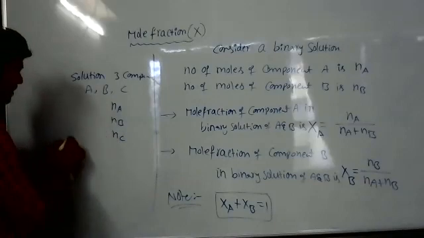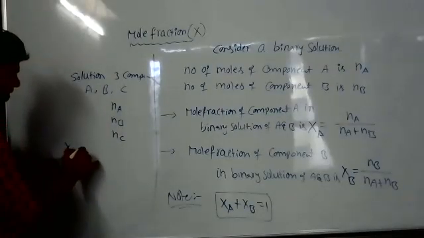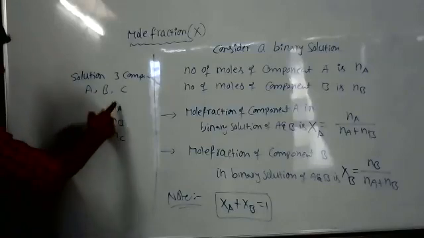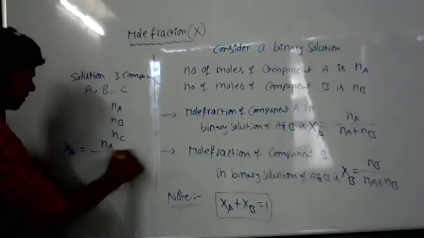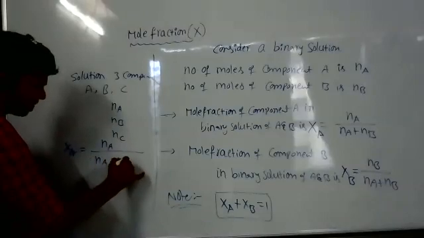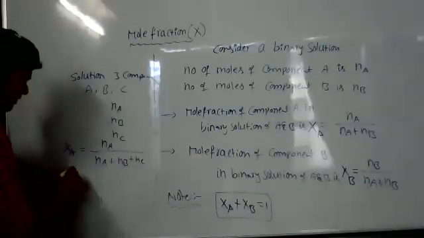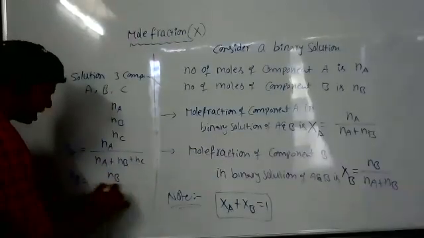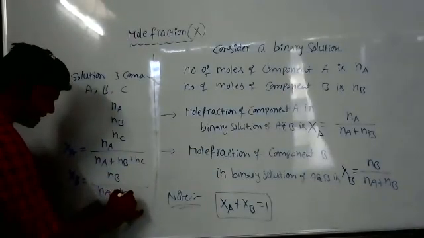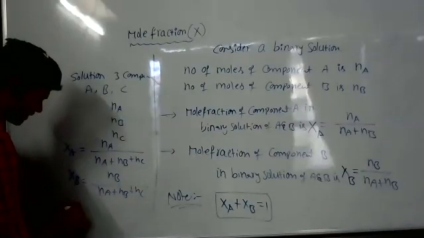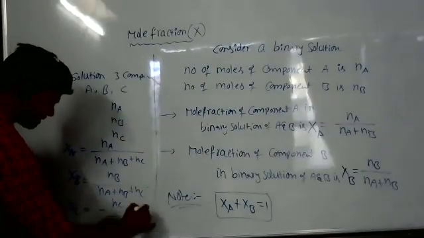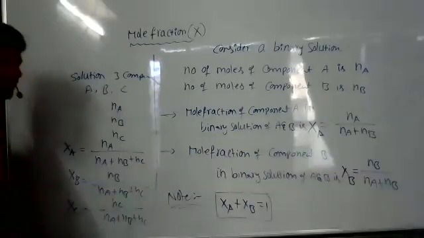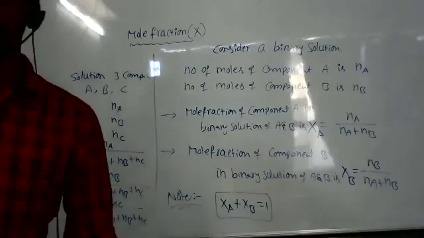Now I want the mole fraction of component A. Mole fraction of A is equal to Na by Na plus Nb plus Nc. Like that, mole fraction of B is equal to Nb by Na plus Nb plus Nc. Mole fraction of C is equal to Nc by Na plus Nb plus Nc. Like this we are writing. It's the very easiest one.